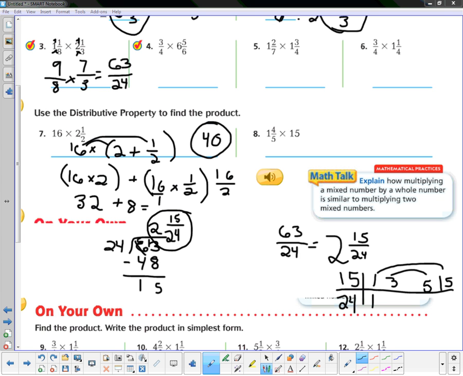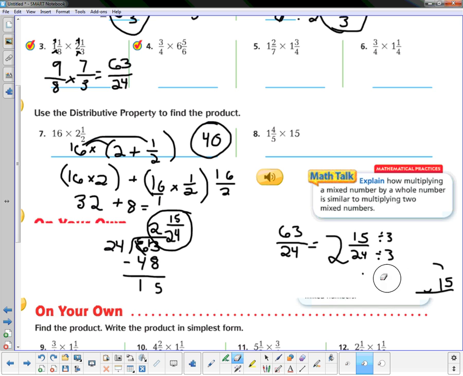Yes. 3 can go into 24. 5 can't go into 24 and 15 can't go into 24. But I could divide both my numerator by 3 and my denominator by 3, and get my answers. So 15 divided by 3, that was 5. 24 divided by 3, that's 8. And the 2 stays the same.